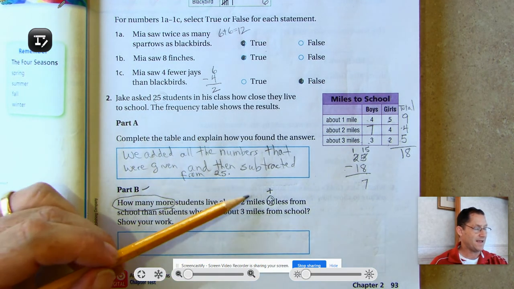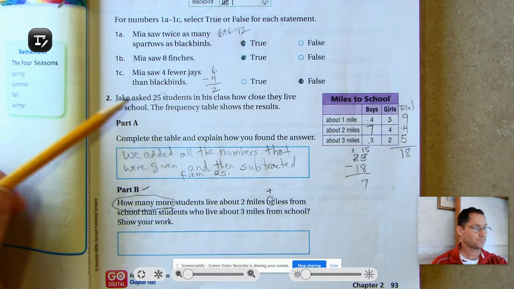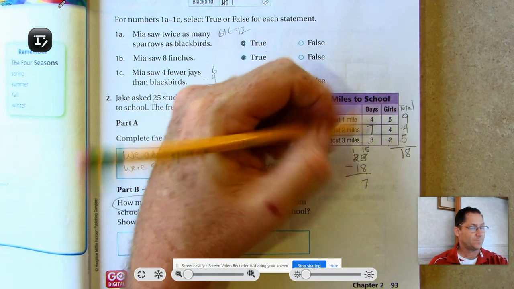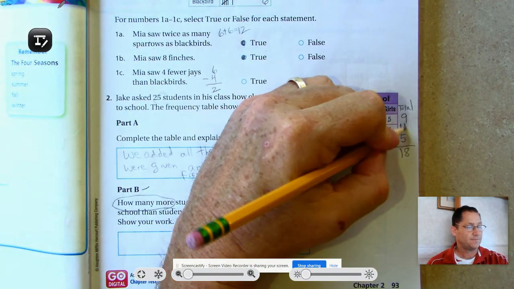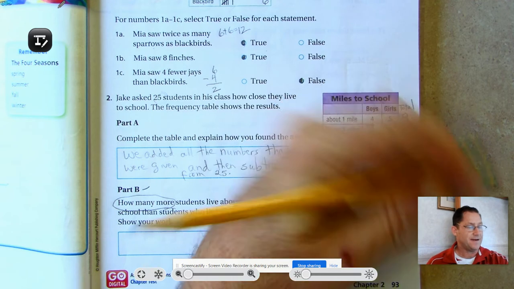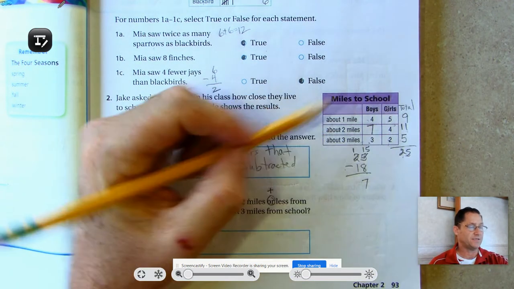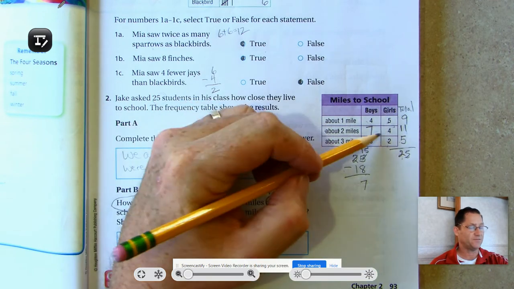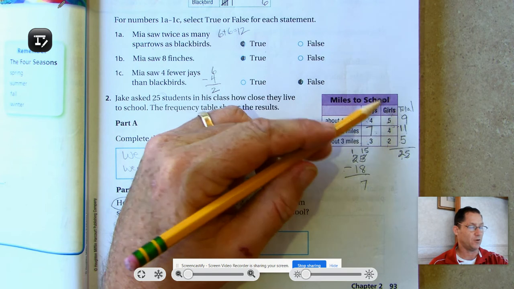So first I have to add anybody that lives 2 or less. So we know that now there are 11 students that live about 2 miles away. 7 plus 4 is 11. And we already knew that 9 students lived about a mile away.